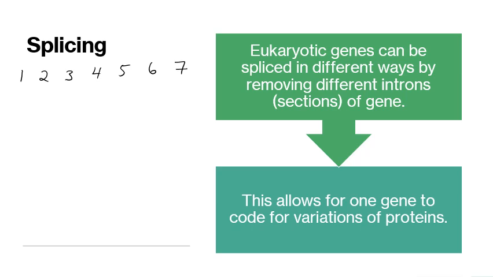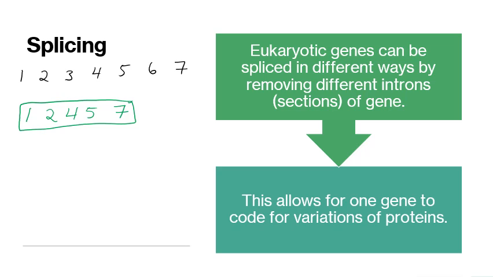Now, if you're looking to build one particular protein, you might splice out 3 and 6. So this is what your mRNA would have. Your 3 and 6 have become introns, and they are going to stay in the nucleus. This section here is what will travel out as a part of the mRNA.